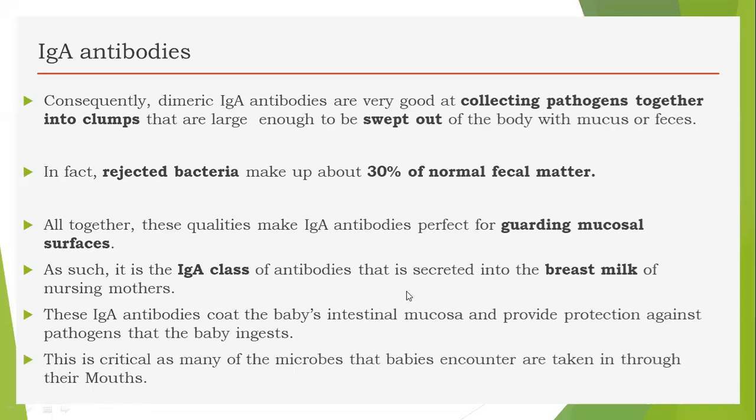Okay, and this is critical, as many of the microbes within the environment that the baby encounters are taken through the mouth. So therefore, the milk that the baby drinks from the mother will contain a high concentration of immunoglobulin A, which coats the epithelial lining or mucosal lining to ensure that whatever pathogens might be taken in by hand, mouth, are not able to cause infection.